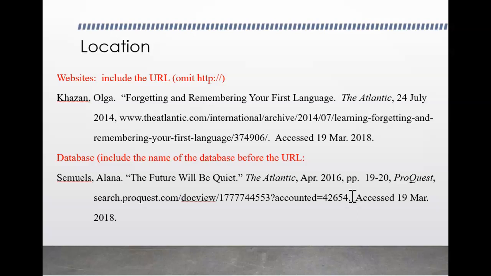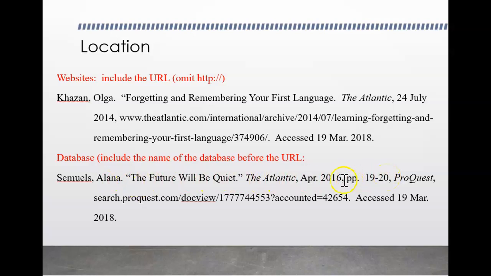If it comes from a database, again, we'll talk more about finding scholarly sources in the database, but if you do use ProQuest to find some of the popular sources, and this one, The Future of the Will Be Quiet in the Atlantic, would certainly be a popular source that can be located through ProQuest, then you would include that original publication information.